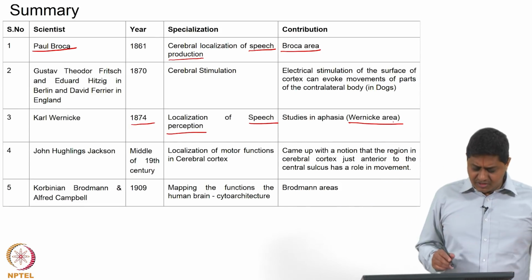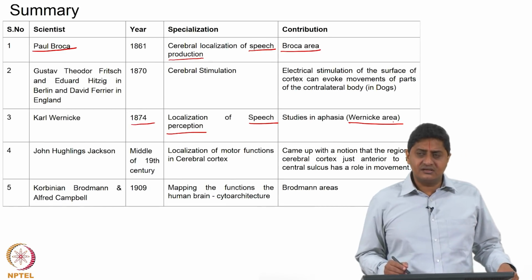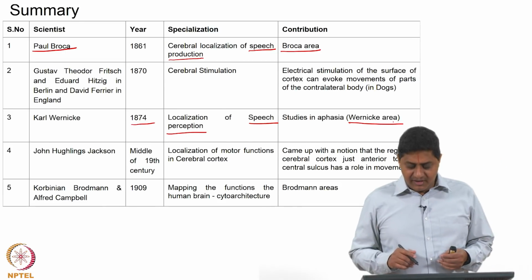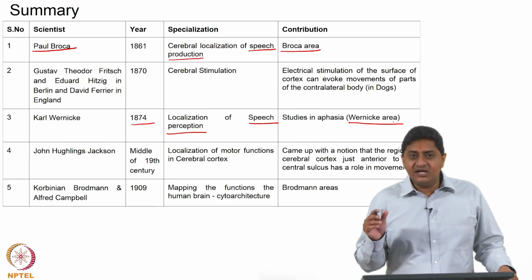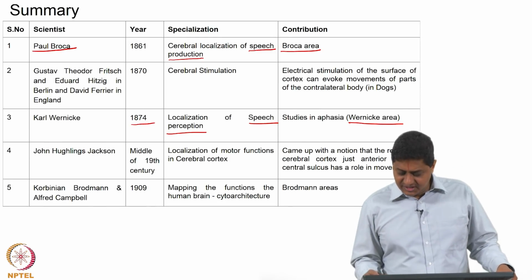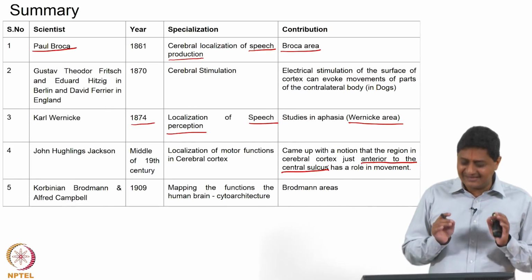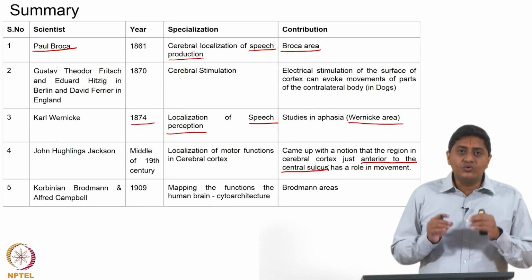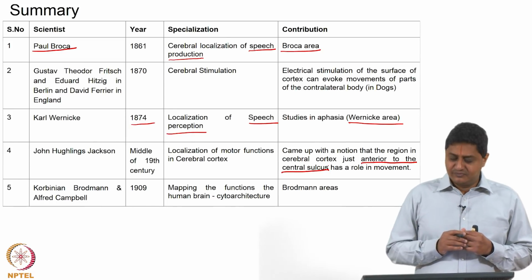Around the same time, John Hughlings Jackson made a claim that would now be considered controversial for that time, right. He made this bold claim that there is a particular region just rostral or just anterior to the central sulcus, what is now called the precentral gyrus, that has a crucial, significant role in movement.